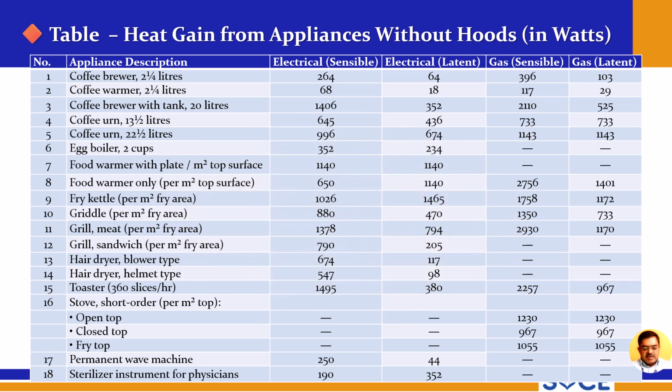So this is another table, heat gain from appliances without hoods in watts. Here the appliances are coffee brewer, coffee warmer, coffee brewer with a tank of 20 liters, coffee urn of 13.5 liters and 22.5 liters, egg boiler, and food warmer with plate, that is per square meter of top surface.